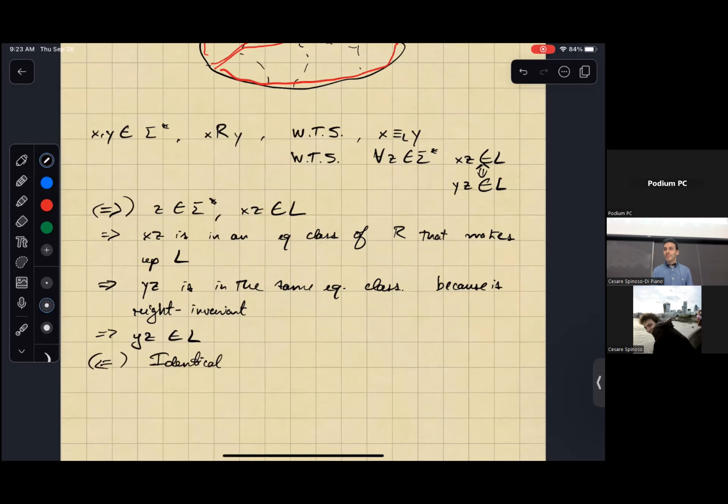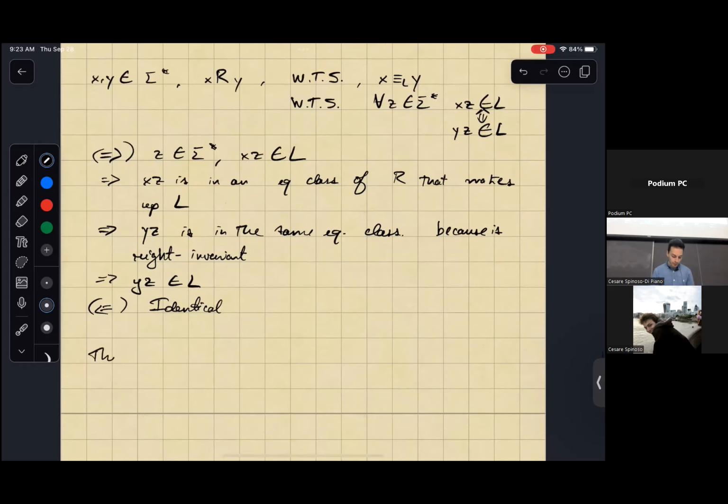Good. All right. So what this shows is that if X and Y are related by R, then X and Y are related by the Myhill-Nerode relation.